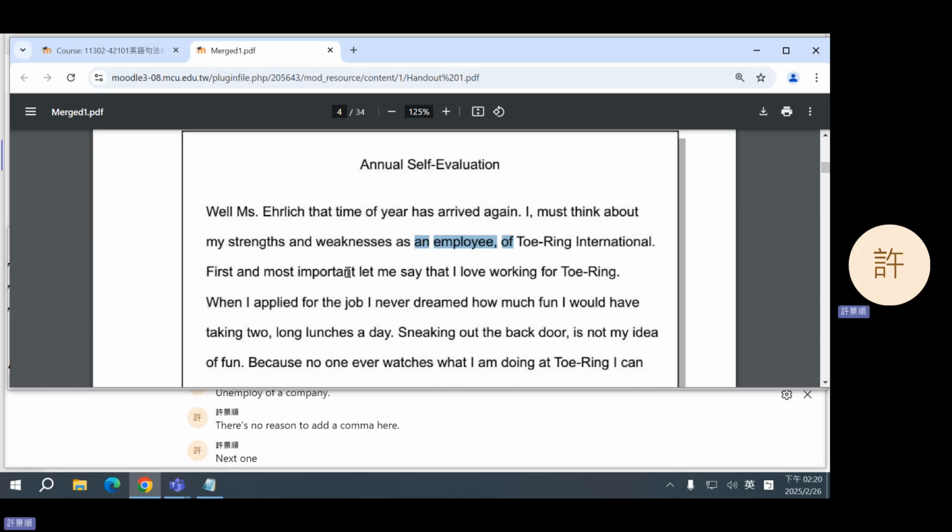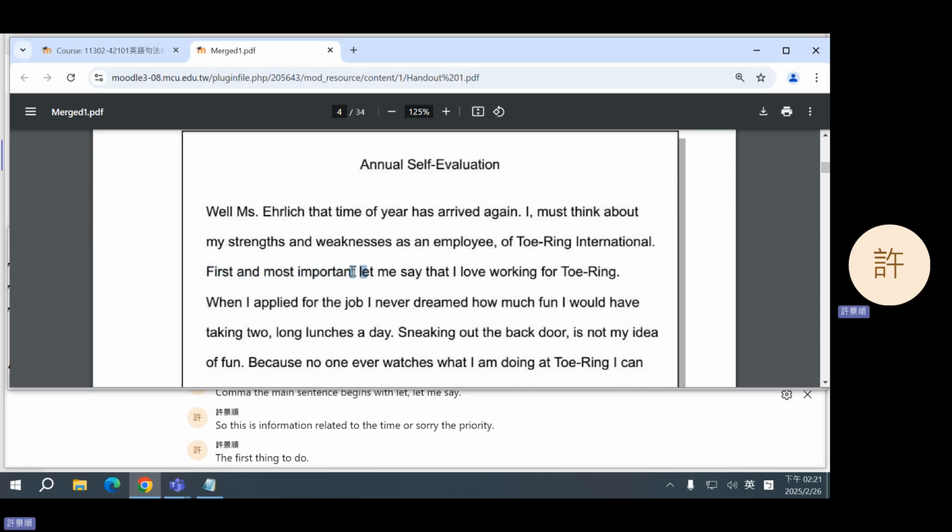Next one, comma. The main sentence begins with let. Let me say. So this is information related to the time, or sorry, the priority. The first thing to do.